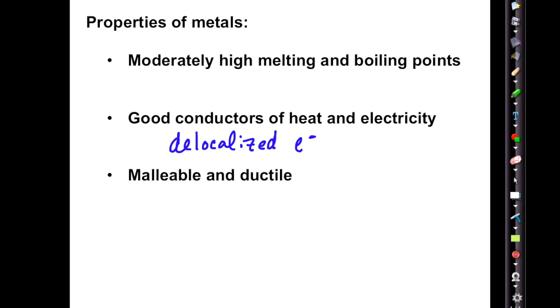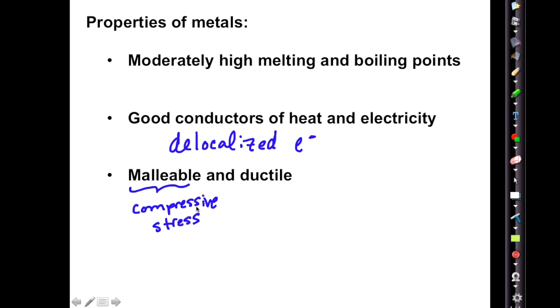And similarly, metals tend to be malleable and ductile. These are terms that we've talked about before. Remember that malleable or malleability describes the property of a substance to be hammered into sheets. So what we're looking at here is compressive stress being applied to a substance.